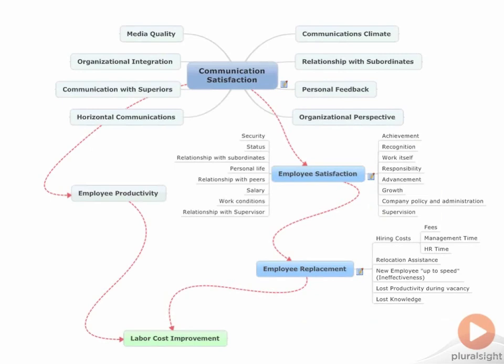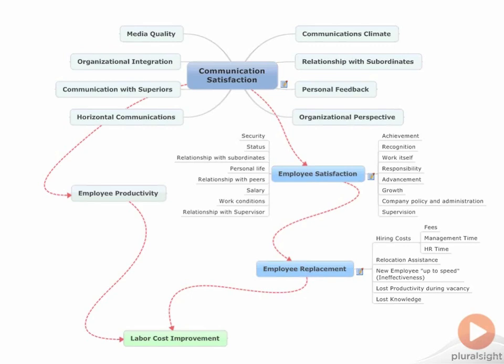So I've been focused here on communication for a bit, and I want to say that this is important to organizations because it improves their labor cost, both in terms of productivity, but also in terms of turnover. Employees who are communicated with better simply don't turn over as fast.